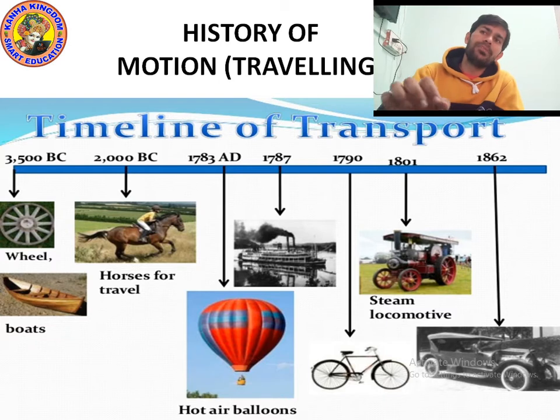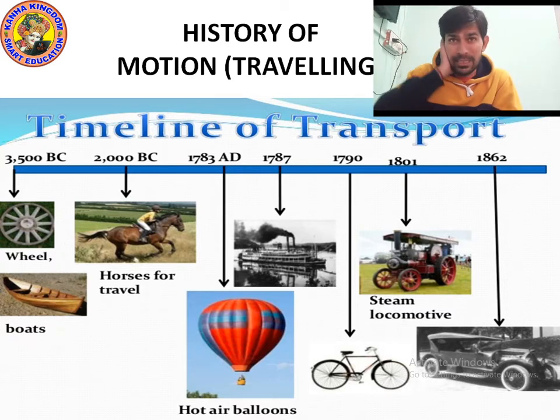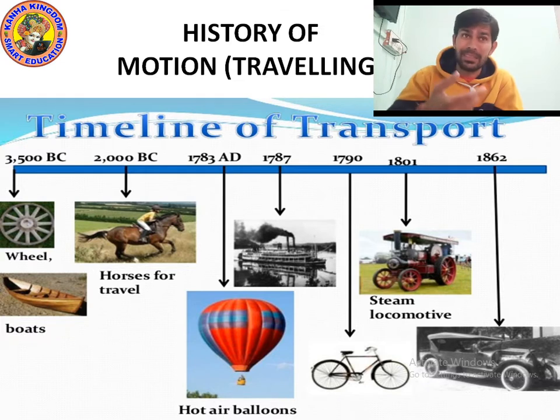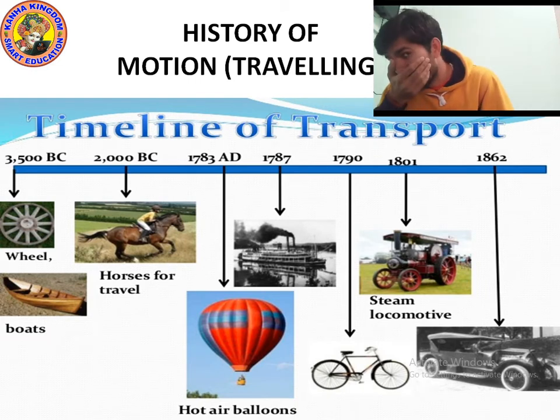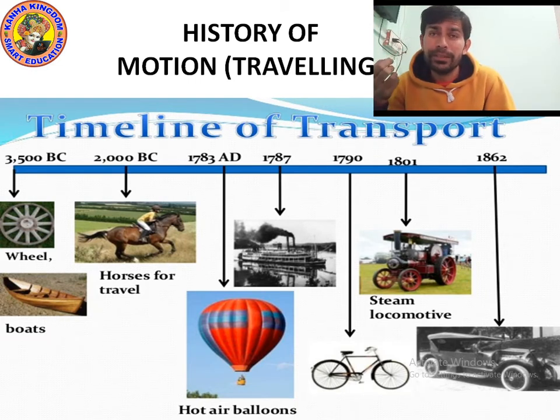So the history of transportation is very long. Nowadays, kids, we use aeroplane for traveling. The aeroplane was made in 1903. We also use bikes, made in 1867.